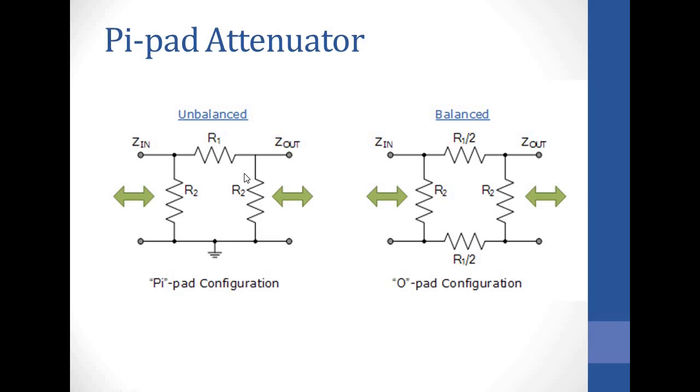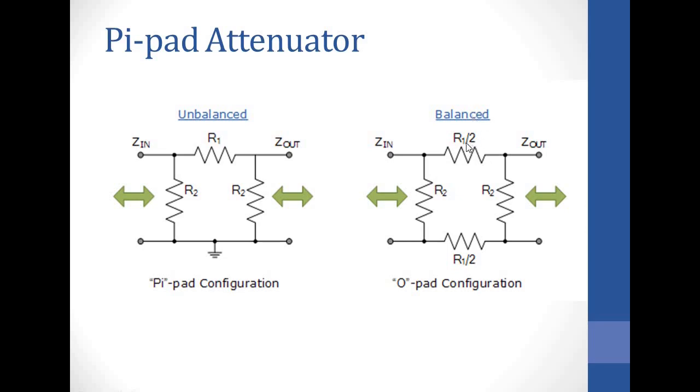That's why it's called unbalanced. And then in order for you to balance it, you have to share this resistance amongst these two arms, making it more like an O-pad, an O configuration.